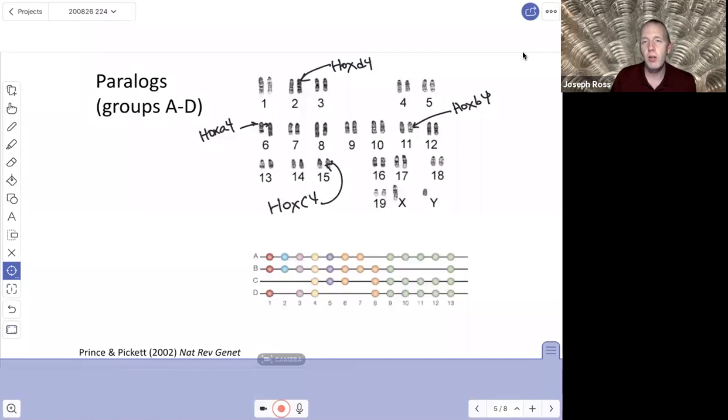So there are 4 different paralogous genes, and each of those 4 has 2 different alleles potentially, because there are 2 alleles of HOXA4, 2 alleles of HOXD4, 2 alleles of HOXB4, and 2 alleles of HOXC4.